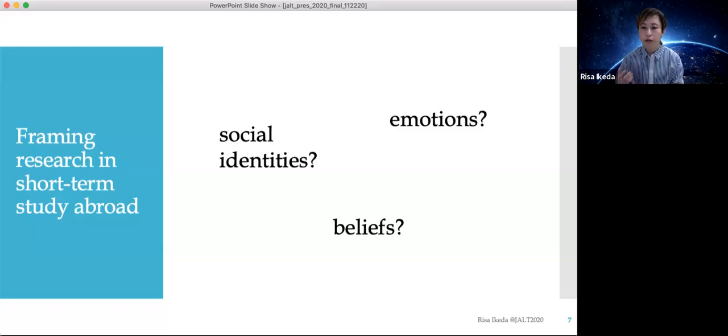And so then I looked at emotions and the psychological aspect of language learning and study abroad. I was looking at things like willingness to communicate, motivation, confidence, affect, so loosely emotions, which are also very popular these days in studies of language learning.